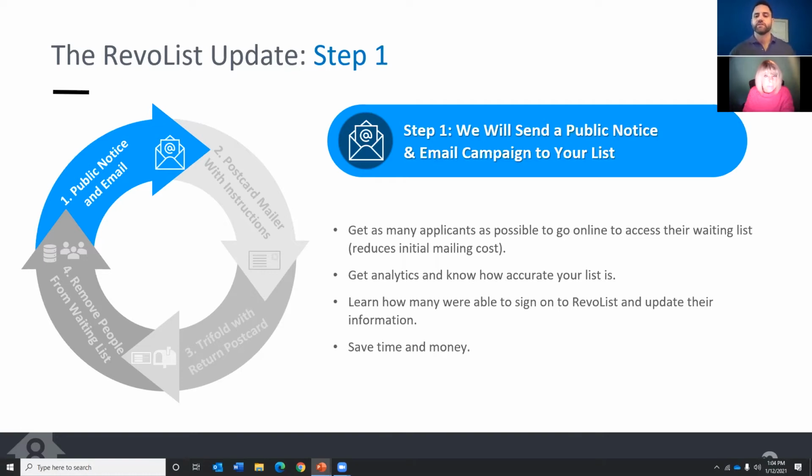We will then only have to send mail to people who are not able to update their information, saving you time and money. Because of the use of a common application, which I'll go into more detail about later, if an applicant already has an updated application in our system, that application is automatically updated.